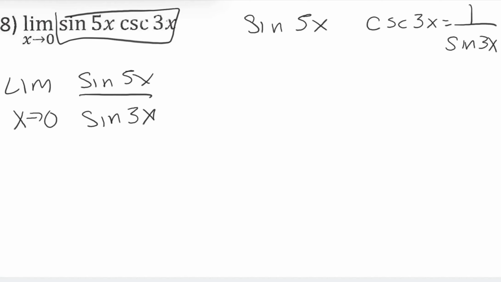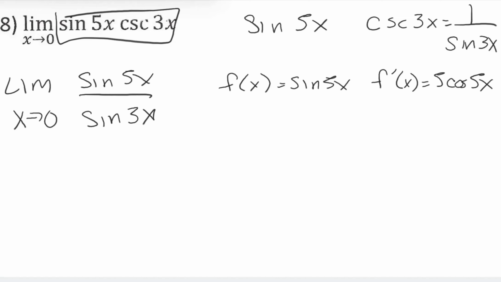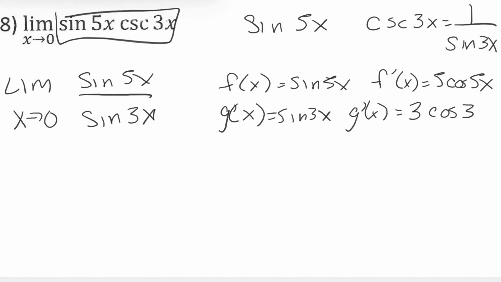Always check if you can plug the number in first. Sine of 0 is always 0, so it doesn't matter what number is there, 5 times 0 is still 0. So I do have to do L'Hopital's rule on this one. f of x is sine of 5x, so f prime of x is 5 cosine of 5x. g of x is sine of 3x, so g prime of x is 3 cosine of 3x.